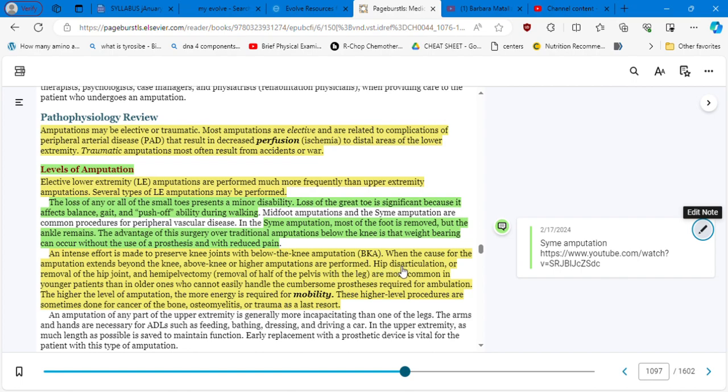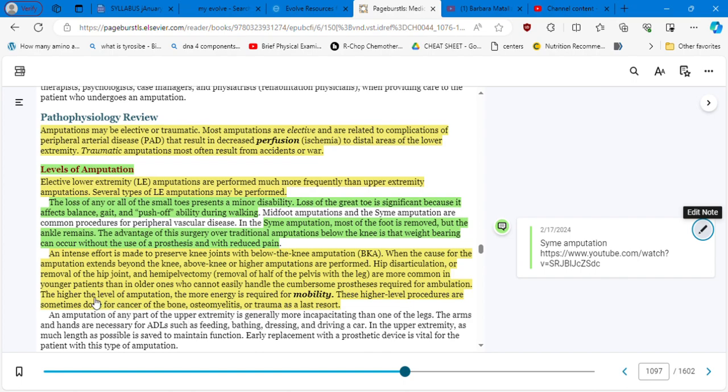Hip disarticulation, or removal of the hip joint, and hemipelvectomy, removal of half of the pelvis with the leg, are more common in younger patients than in older ones who cannot easily handle the cumbersome prostheses required for ambulation.